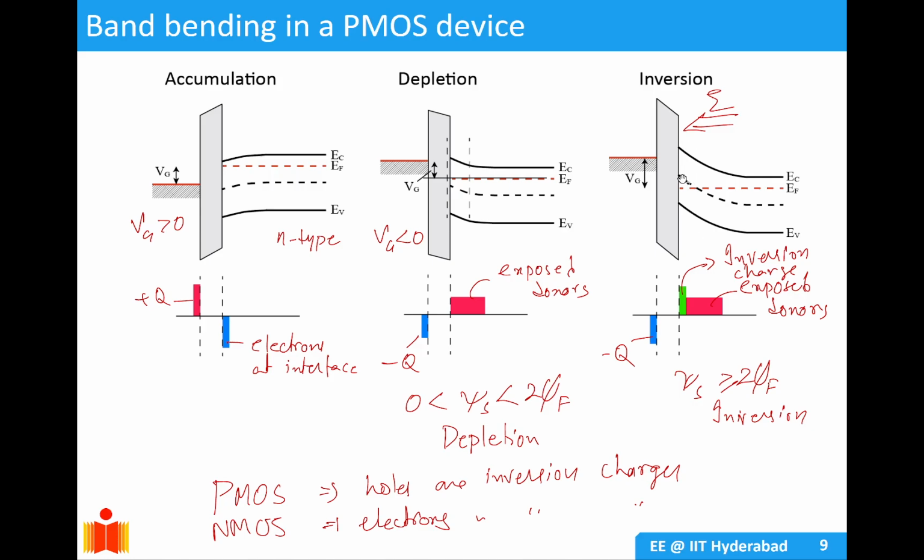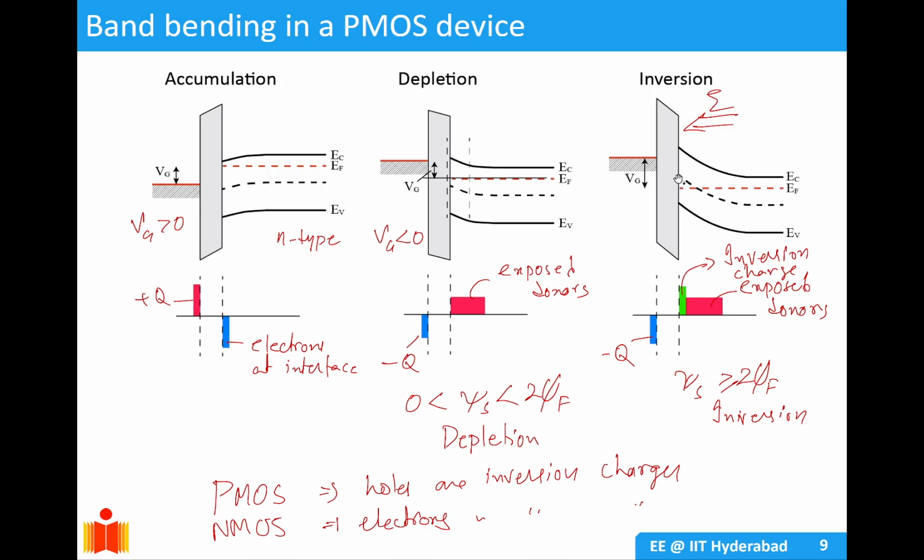Then in inversion you still have your depletion charges, as well as at the interface an accumulation of electrons, negative electron charges. So in the metal region you have a thin sheet of negative charges, and this is inversion in a PMOS device.